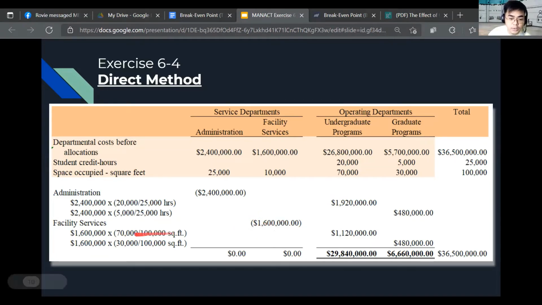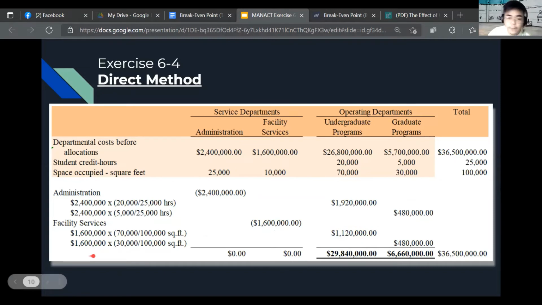So 1,600,000 was multiplied by the space occupied under the undergraduate program, which is 70,000, divided by the total space occupied, which is 100,000. So we get 1,120,000.